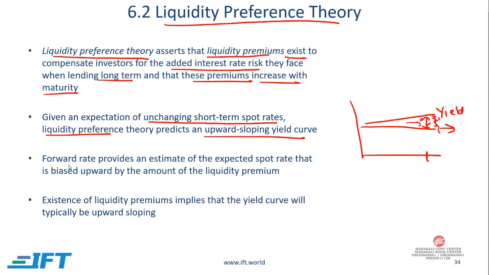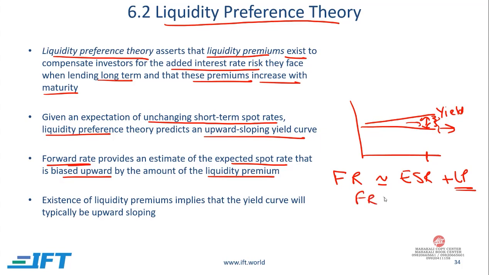According to this theory, the forward rate provides an estimate of the expected spot rate that is biased upward by the amount of the liquidity premium. So in simple terms, the forward rate will be approximately equal to the expected spot rate plus the liquidity premium. We can therefore say that according to this theory, the forward rate will be greater than the expected spot rate.